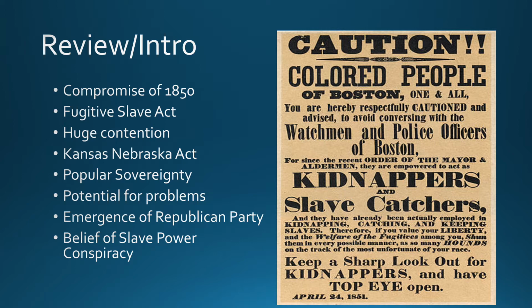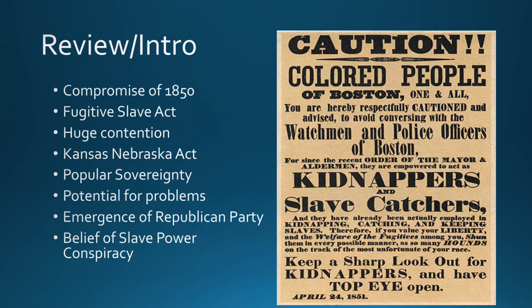And their sole mission was to make sure slavery not only continued, but even expanded. Again, we'll talk more about this as this goes on. It's not necessarily a real thing, but certainly there were many within state governments in the South, but more importantly the federal government, that did support slavery and its expansion.